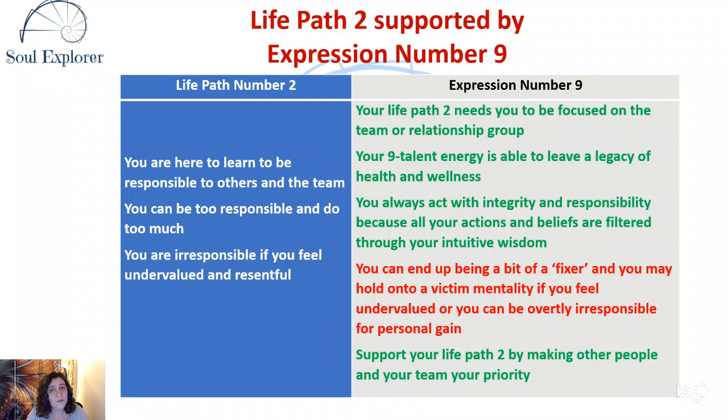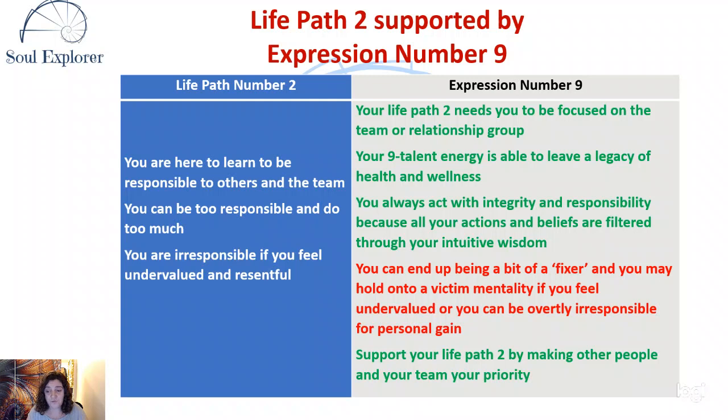That is extremely important for you, especially because you are a 2, a potential 2. You're working towards the 2, so you have the potential there, but you're talented at the 9. So that almost doubles the energy and makes it even more important for you to take heed of this.